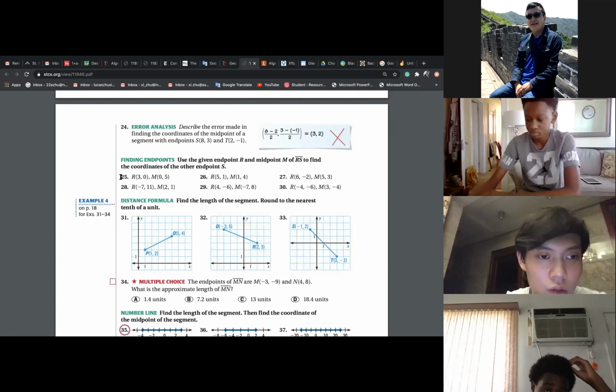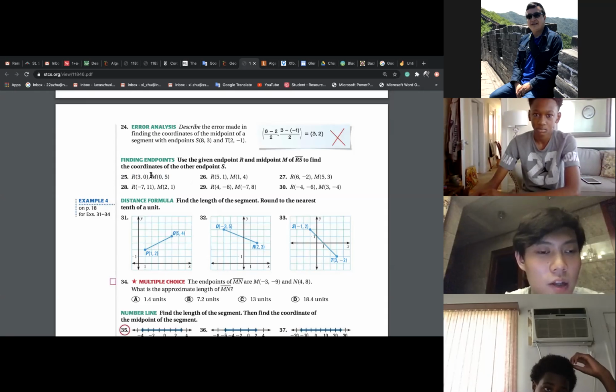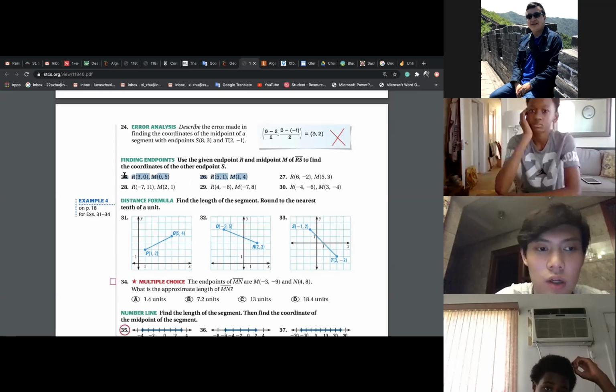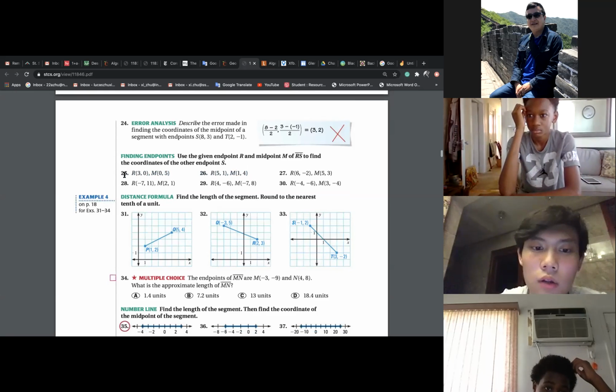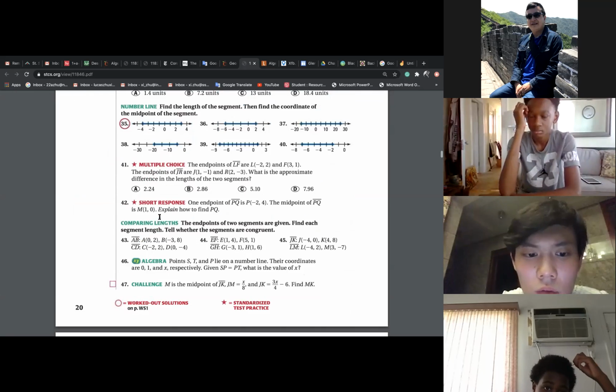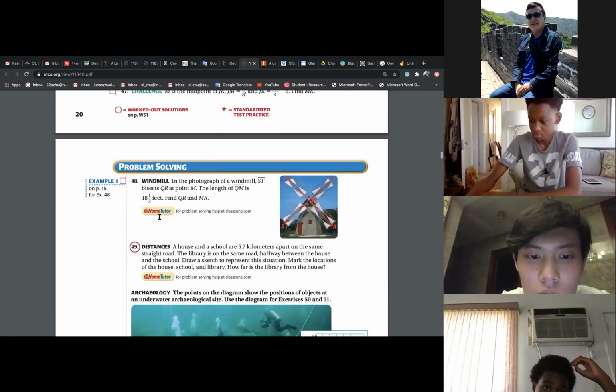For those questions, it's giving you the first point and the midpoint, and it's asking you to find the other endpoint. You don't have to solve it, since we didn't do that during the class, but try it. We can try 2 questions, 25 and 26. And also the distance formula, we definitely have to.